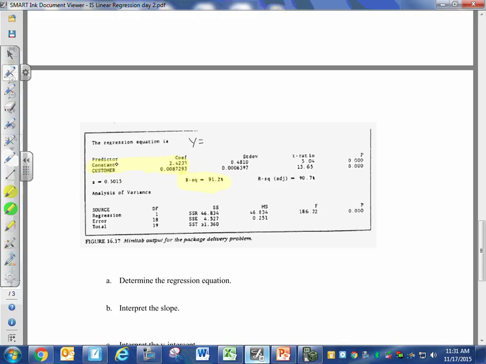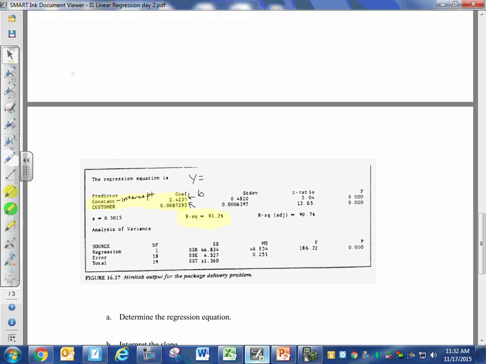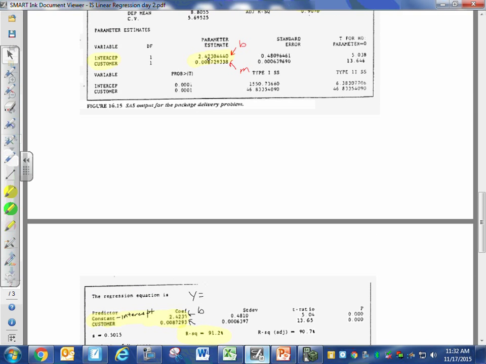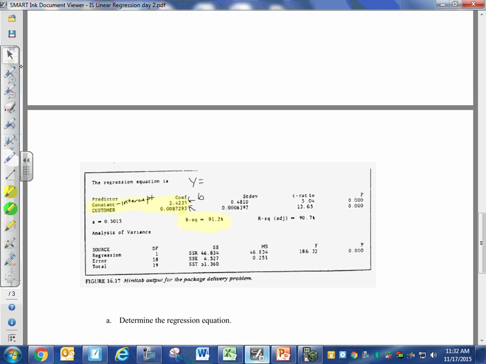The constant is really another word for the intercept, just like in the previous one. This is going to be that y-intercept when x is 0. That's our b. And our customer, you can see that same value, that 0.0087, just like we saw here, 0.0087. That is my m.